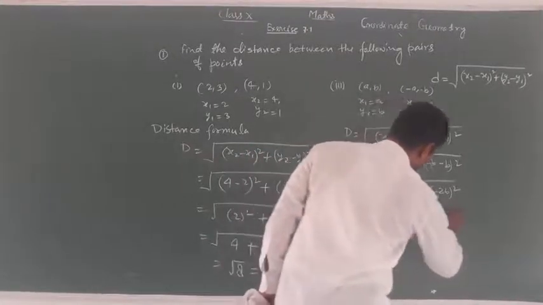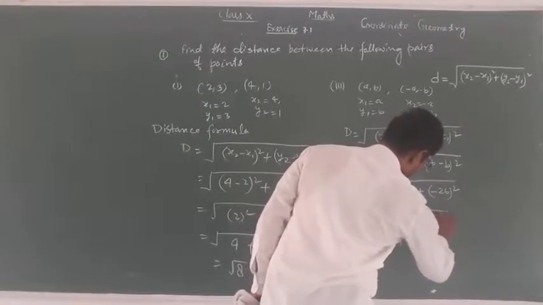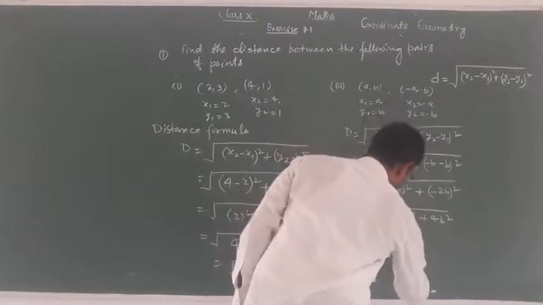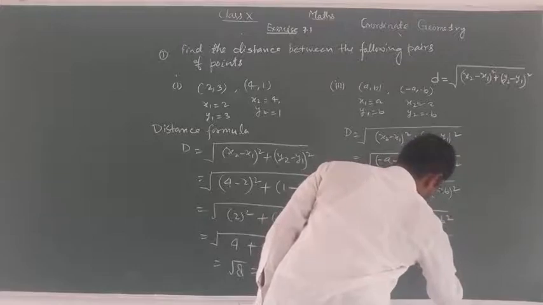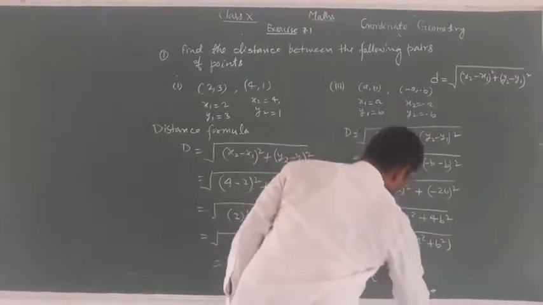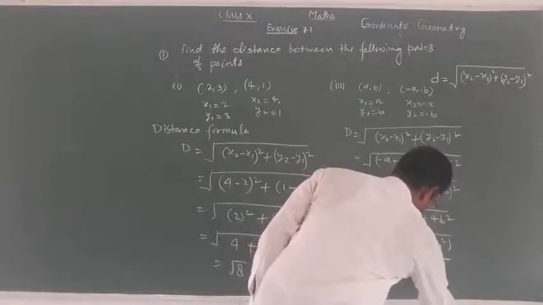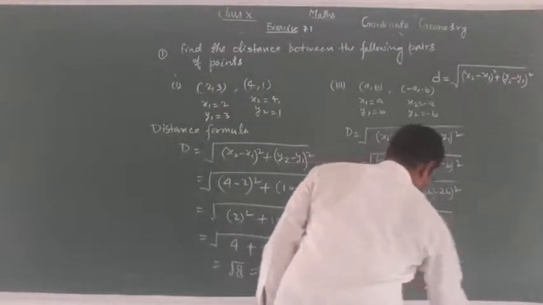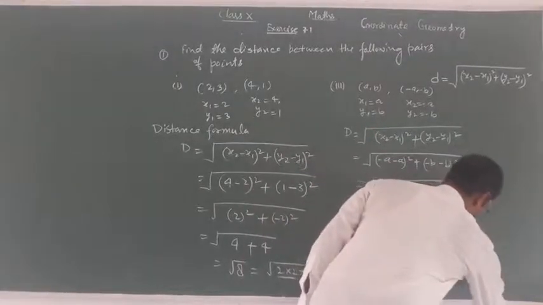So we get 4a square plus 4b square. Taking 4 common, 4 times (a square plus b square), and the square root of 4 is 2, so the rest is 2 times the square root of (a square plus b square). This is the distance between the given points, so this is the answer.